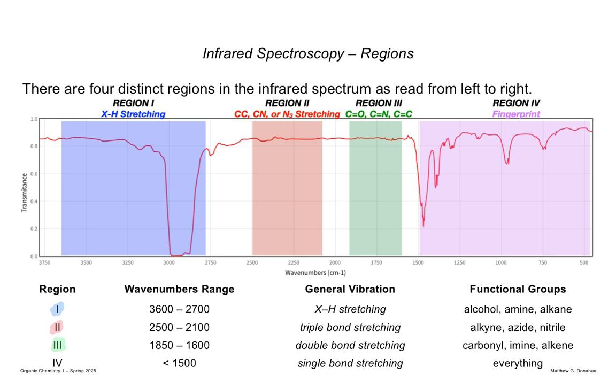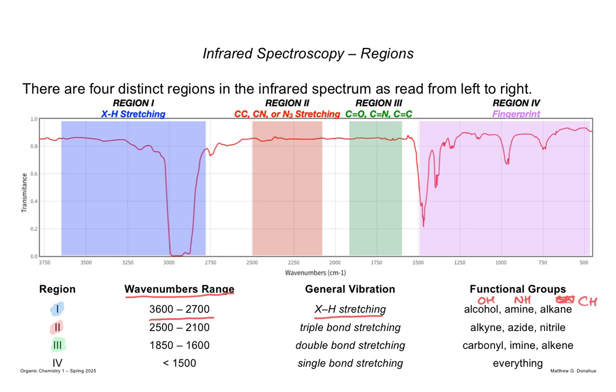So in terms of the regions and their wave numbers here, region 1 is about 3600 to 2700. Those were the XH stretching. So think about the functional groups that have that: OH, NH, CH.